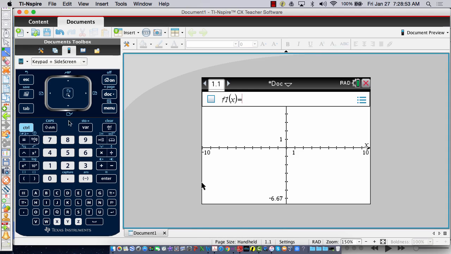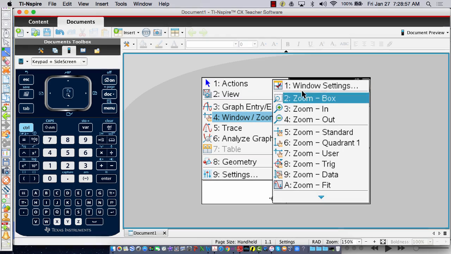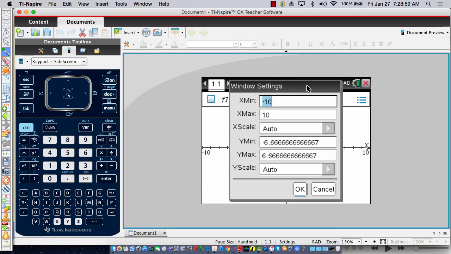And first thing I'm going to do is set my scale. Always a good idea to remember how to set your scale. I'm going to Window Settings, and I'm going to go a little bit behind 0 and a little bit over 24 hours past midnight. And I'm going to make my scale 1. And then my Y min, I'll make -4. My Y max, I'll make 4, again with a scale of 1.